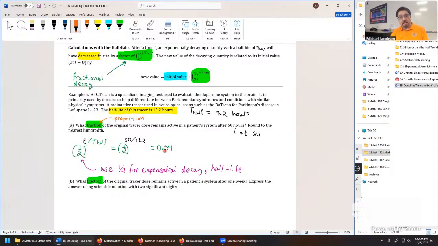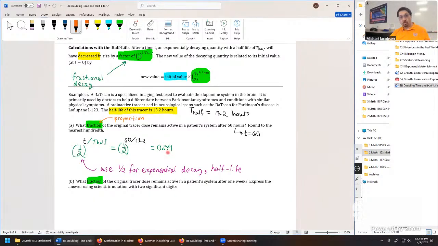That proportion, we could have changed into a percentage if we really wanted to, and we could have said 4% of the tracer remained in the bloodstream after 60 hours. If you were doing this problem on WebAssign, they want the decimal number. But if you did this as an exam problem and you said 4/100, because you're really thinking about a fraction, that's completely correct as well.